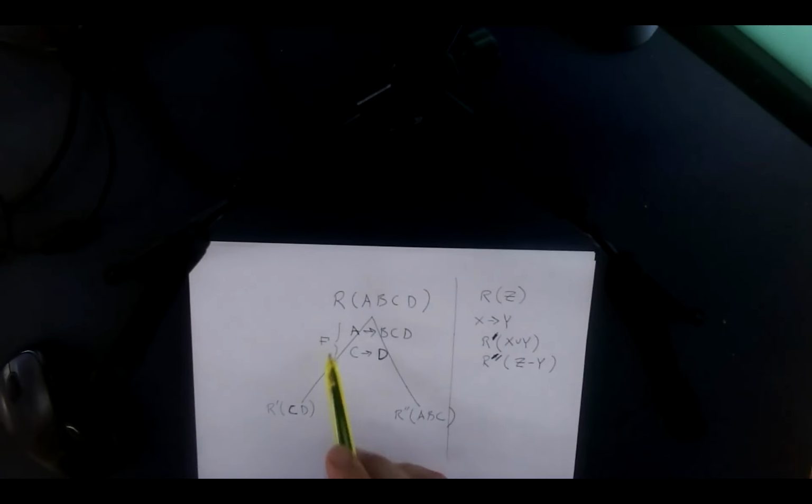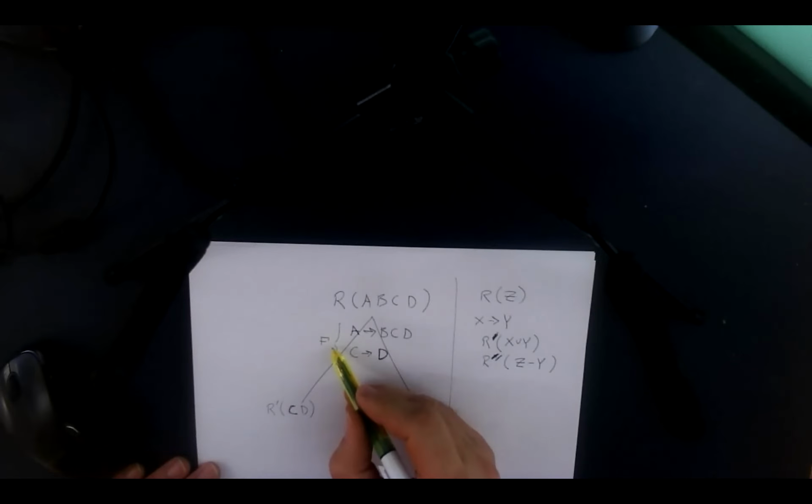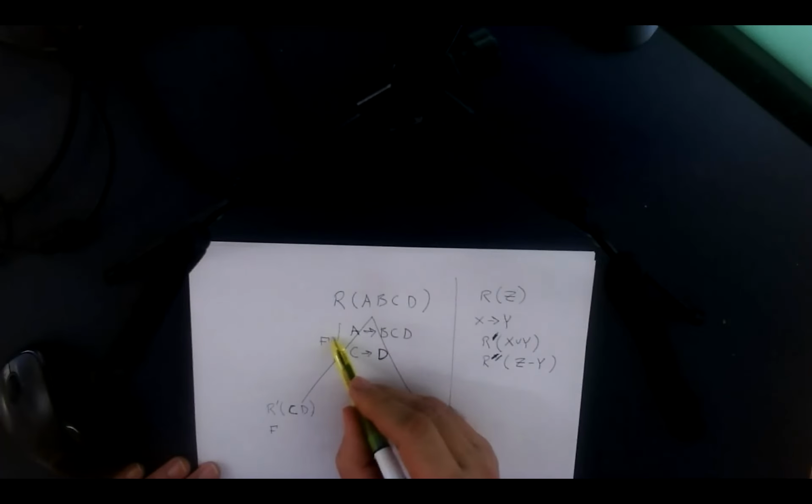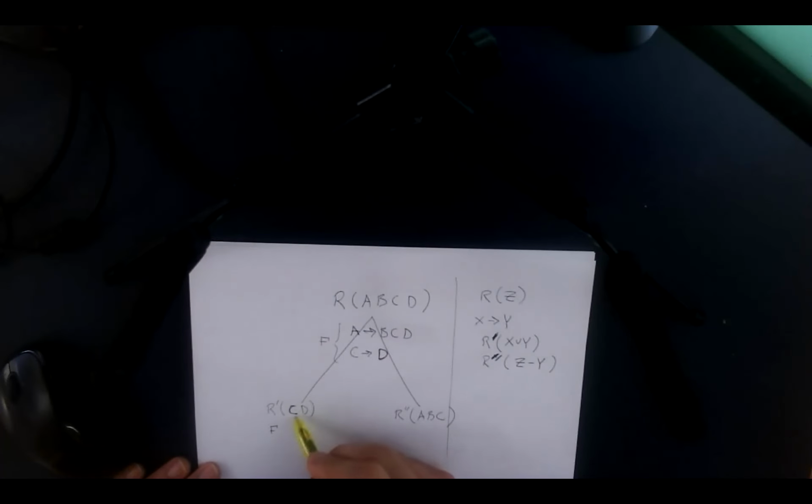What the theory tells us is that we have to look at F here and consider the closure of F, and then project that over the subrelations. So the F that's going to be down here is basically the closure of this F projected over this.